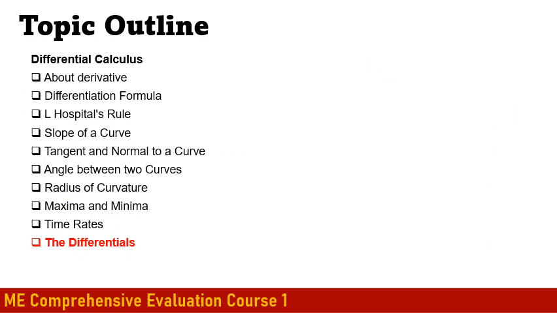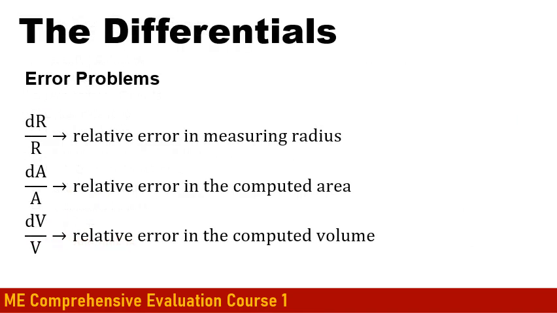So finally, the differentials. The differentials are helpful in solving error problems in experiment, for example, or in measurement, where dr over r is the relative error in the radius, for example, if we are measuring the radius.